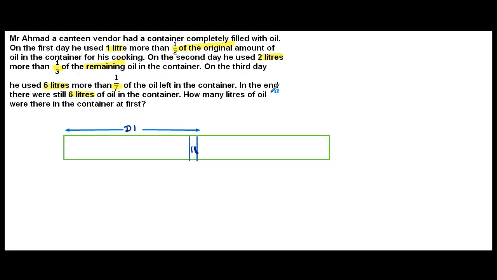We will now draw the arrows to show the half portion of the model. So this is half, and this is another half.